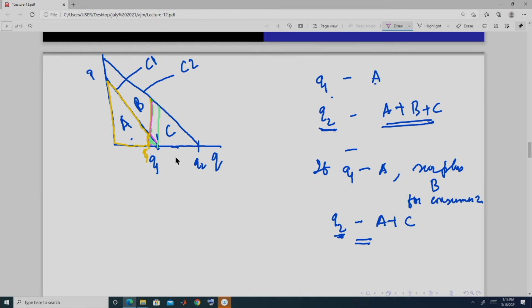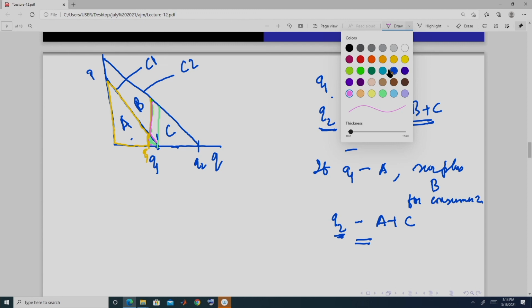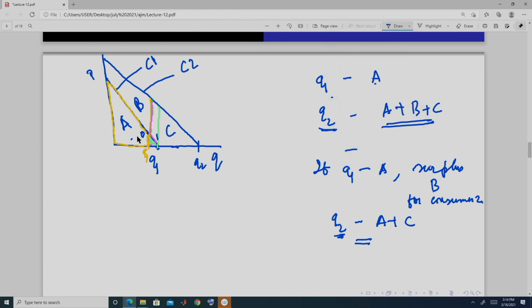So, suppose now I make this amount, suppose this is O. This point is small a, this is Q1 star, and this is small b.